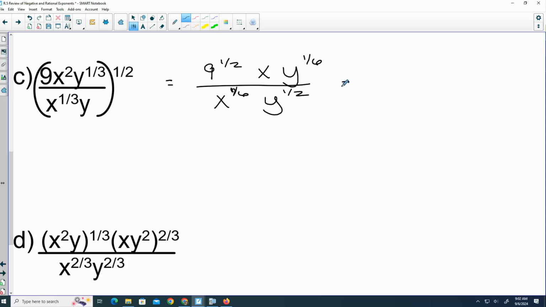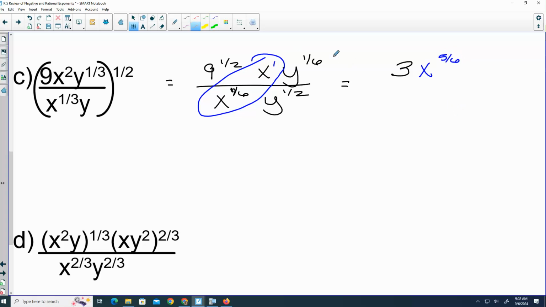All right, 9 to the 1/2. A 1/2 is the same thing as saying a square root. What's the square root of 9? Then my x's. So this is a 1. So if you subtract 1 minus 1/6 is 5/6.